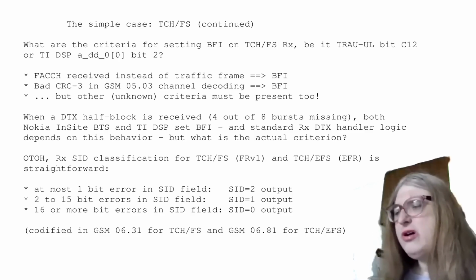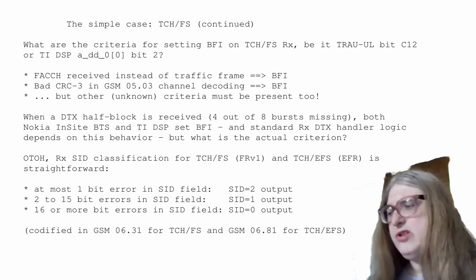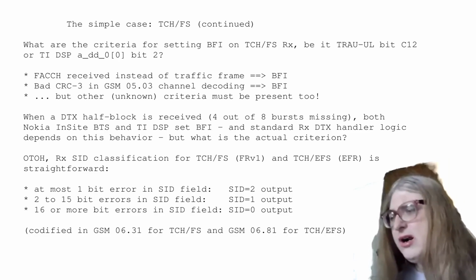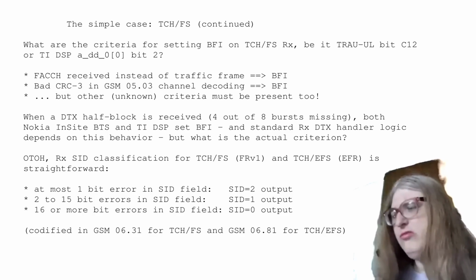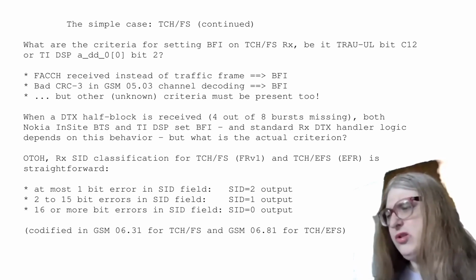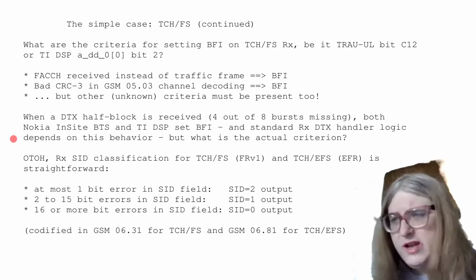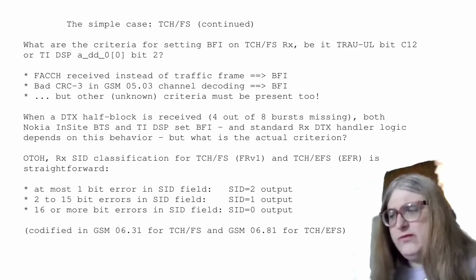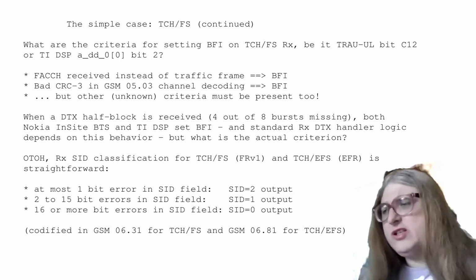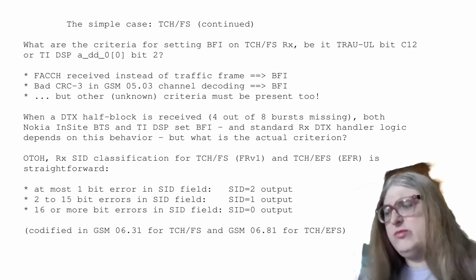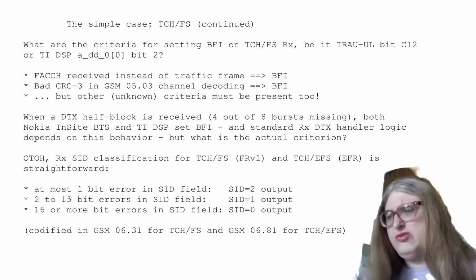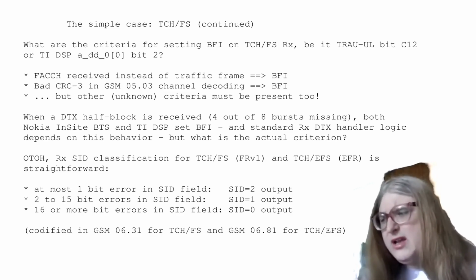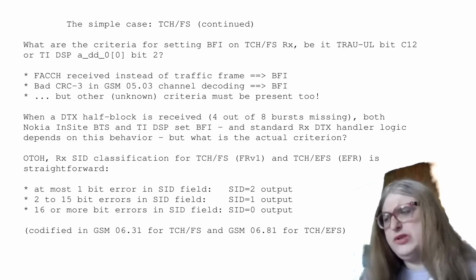Let's say you have DTXu in uplink or DTXd in the downlink, and you are at a transition point. The mobile or the network has just transmitted a SID frame, and then it's about to cut off the radio transmitter. Or vice versa, it's about to begin a talk spurt, about to turn on TX. Let's say it's doing the mandatory SID position. It's easiest to look at this in the case of the mandatory SID position.